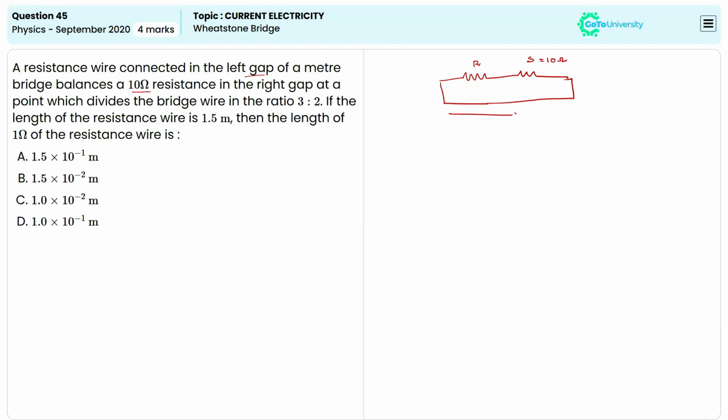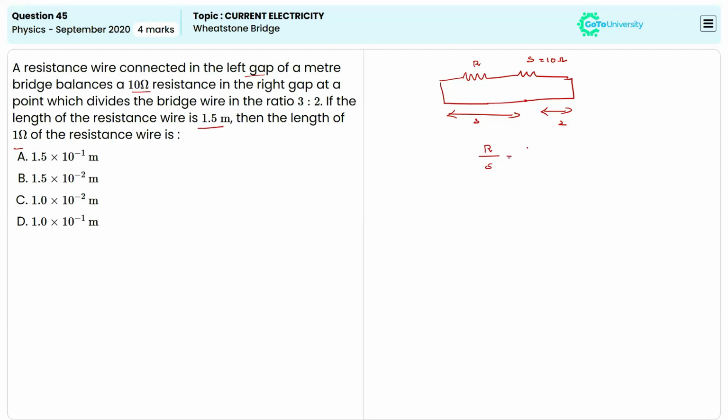So we can say the length will be 3 for a particular point and 2 for the next one, because it was separated in that ratio. And the length of the given resistance wire is given as 1.5 meter, and the resistance is given as 1 ohm.